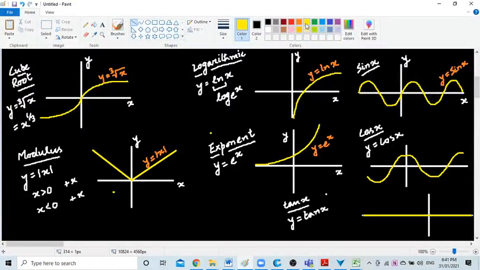This tan x graph can be represented like this way.